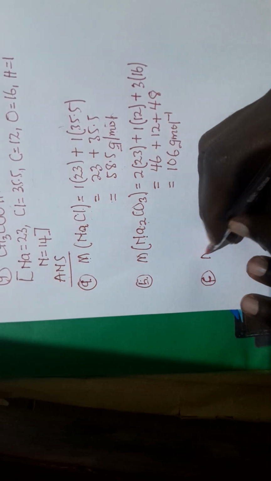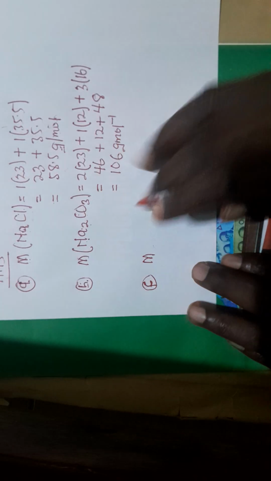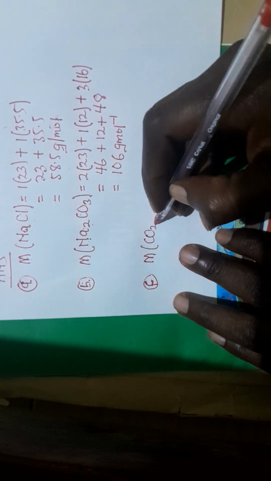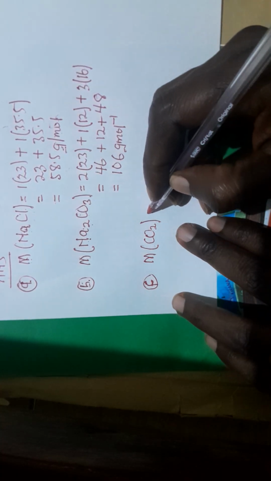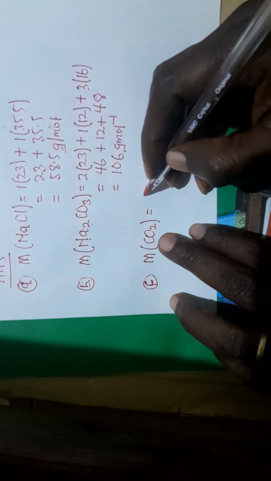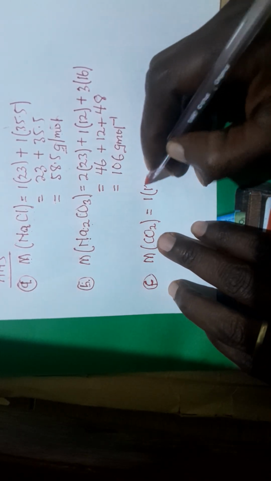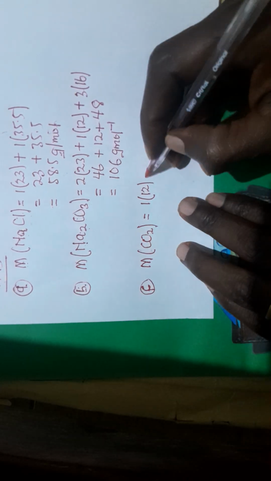Shall we start? Molar mass. Can you see? All right, so the molar mass of carbon 4 oxide, commonly called carbon dioxide, is equal to carbon, whose atomicity is here, and the relative atomic mass is that. Good.